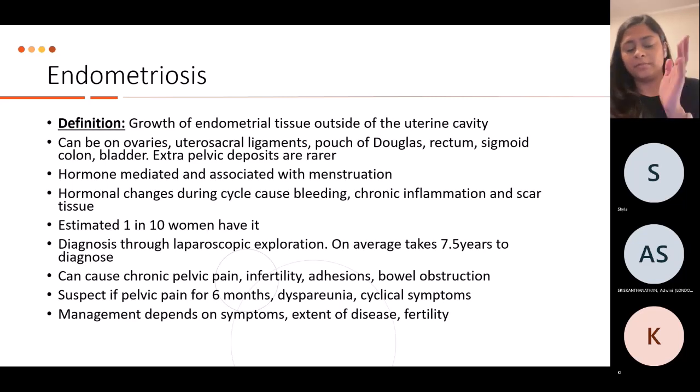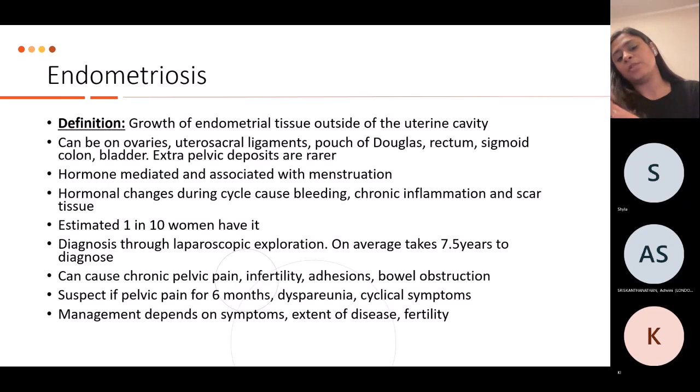As I mentioned before, gold standard diagnosis is laparoscopic exploration, but bear in mind it takes quite a long time to diagnose. The key symptoms are pelvic pain, infertility or subfertility, and usually menstrual problems, so usually painful periods, or even painful sex.